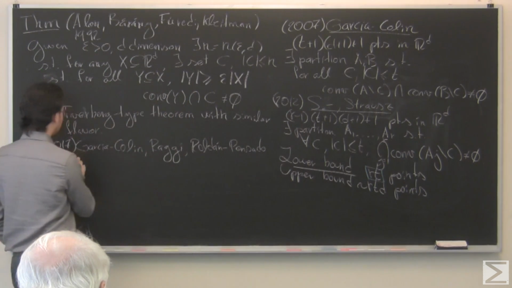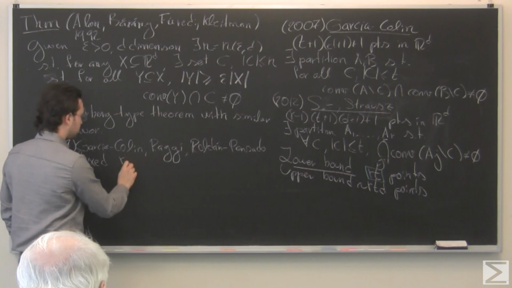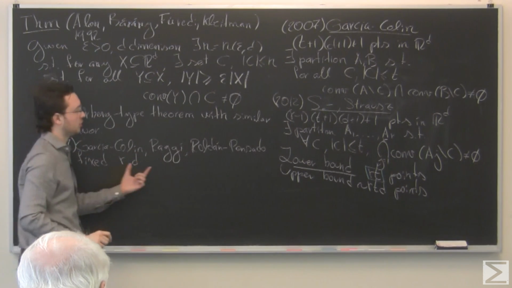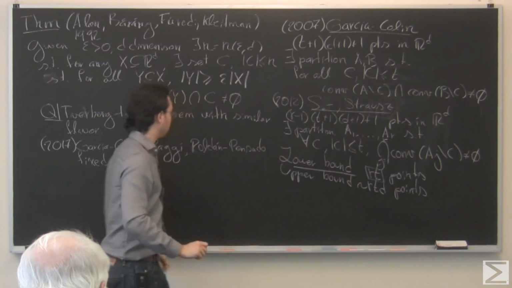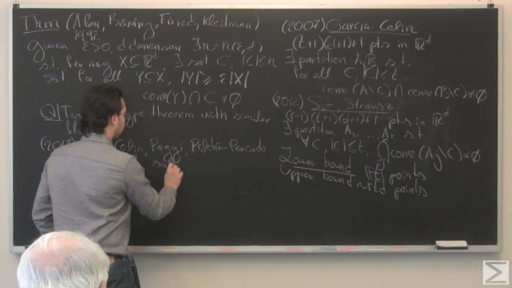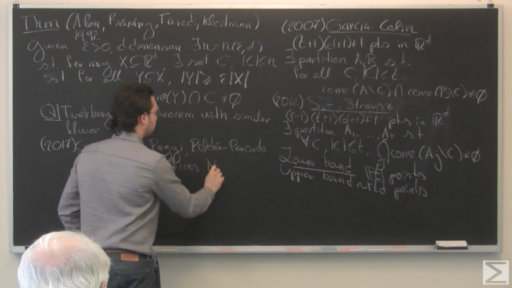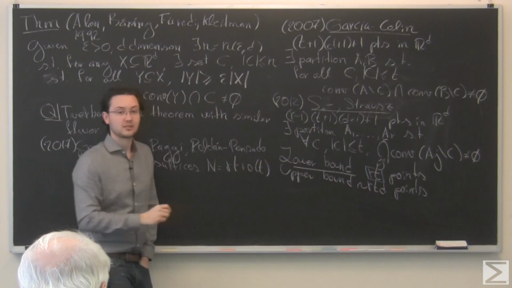Which proved that for fixed r and d, so if you're only allowed to change the number of points you remove, the number of points needed, it suffices rt plus little o of t points. Okay?